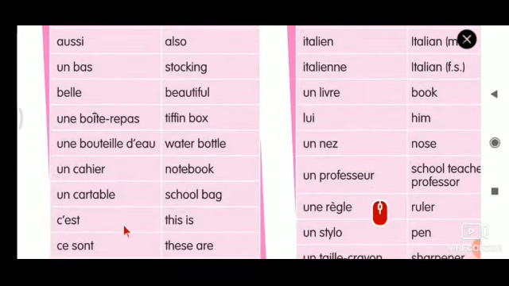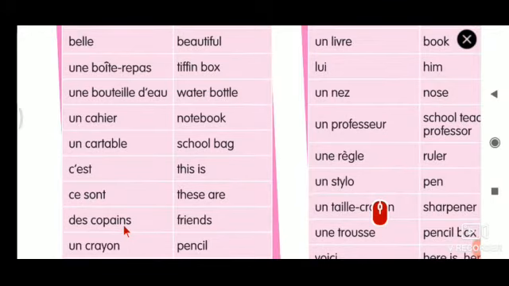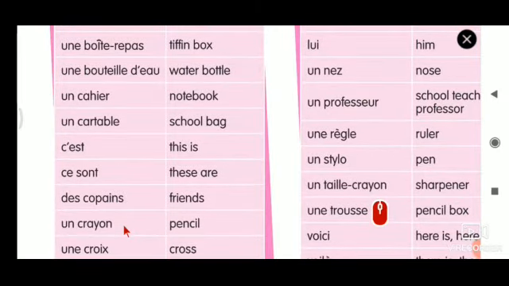Ce, this is. Saison. Ce sont, these are. Des copains, friends. Un crayon, pencil.